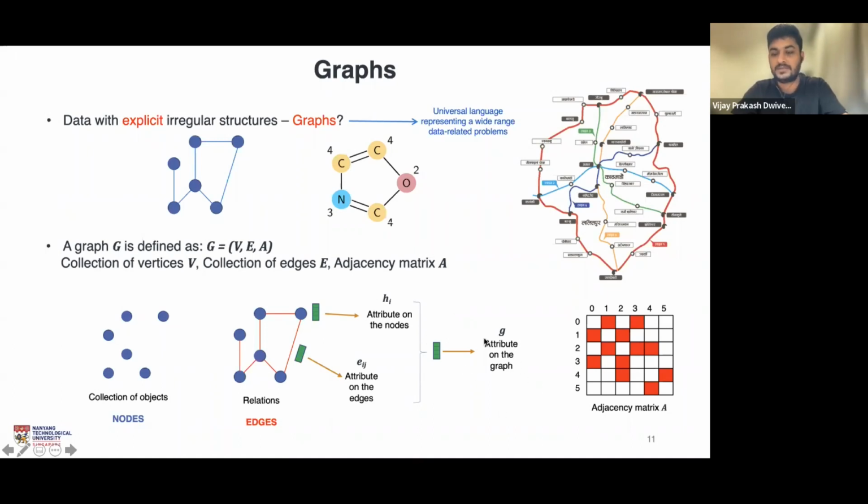And there may optionally be a global attribute of the graph which represents certain information related to the entire graph as a whole. For example, certain energy related to this molecule, etc. So this becomes a formal definition or representation of the graph, and the edges can be represented using an adjacency matrix as shown here.